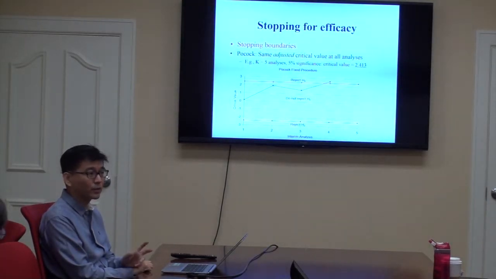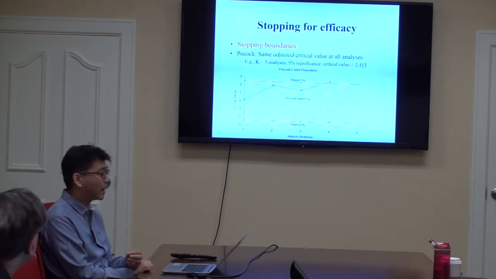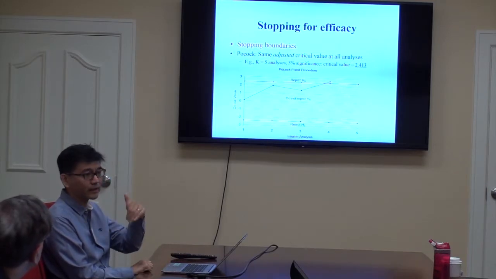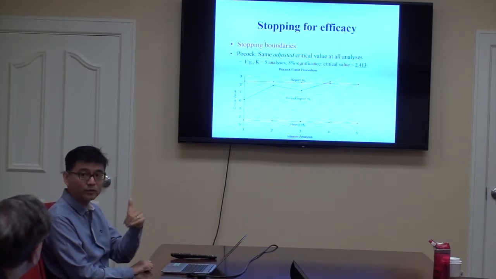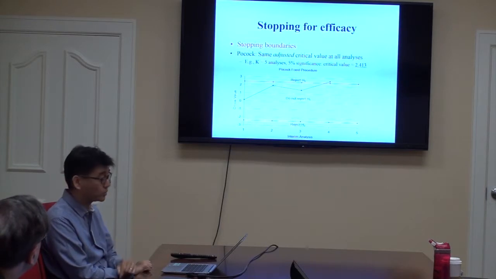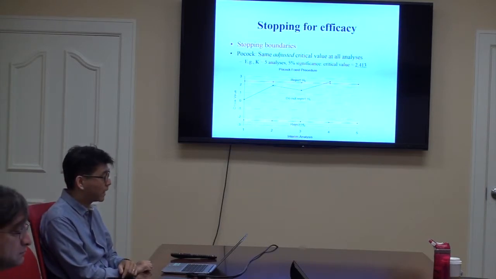So this is, I think, one of the reasons why people don't like the Pocock, because you've got to be really conservative at the final analysis. You want to be able to reject your null hypothesis when the Z value is about 2. So it is a high bar.